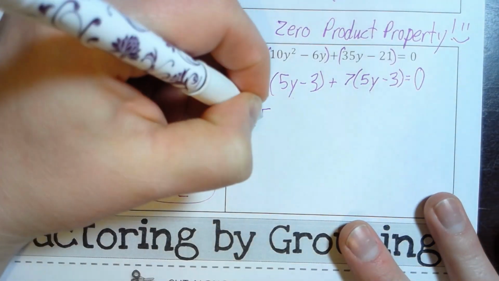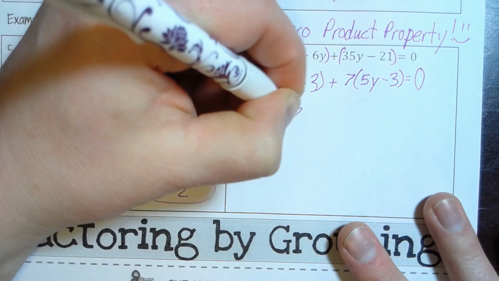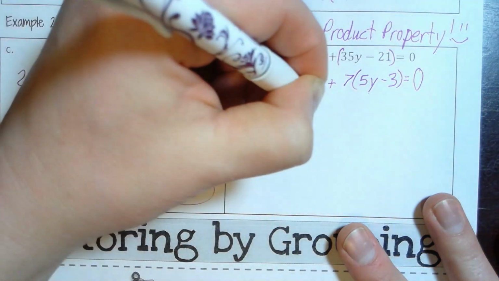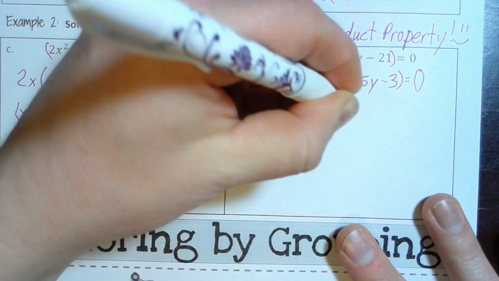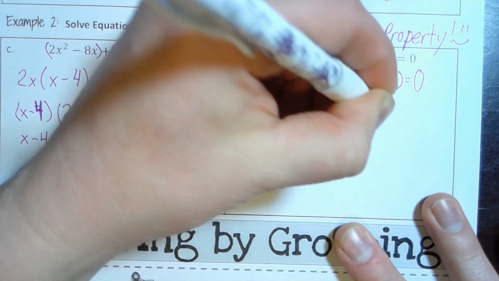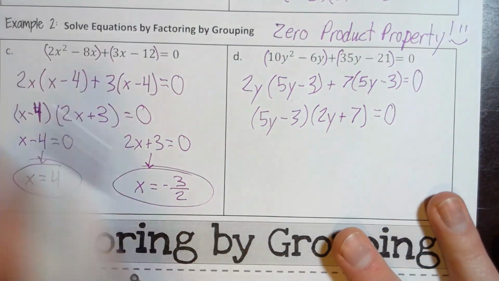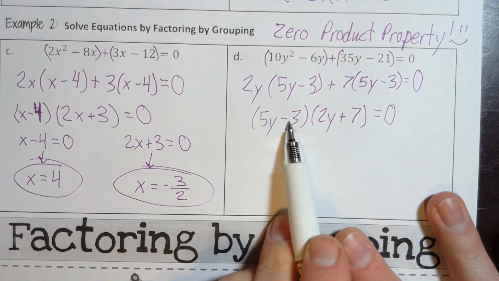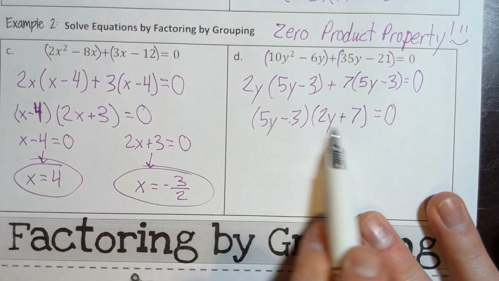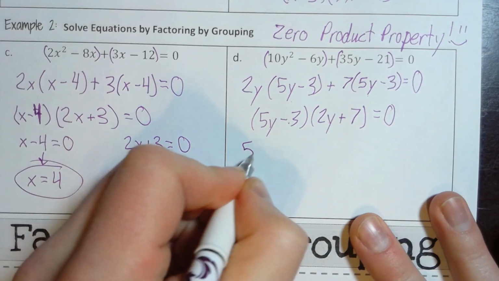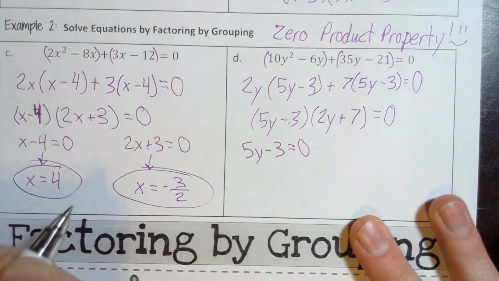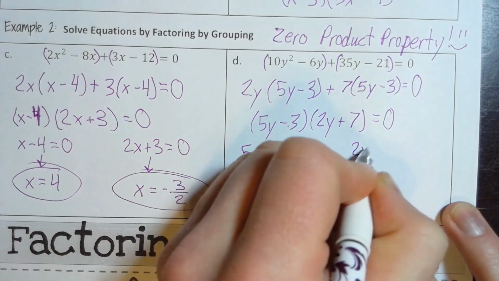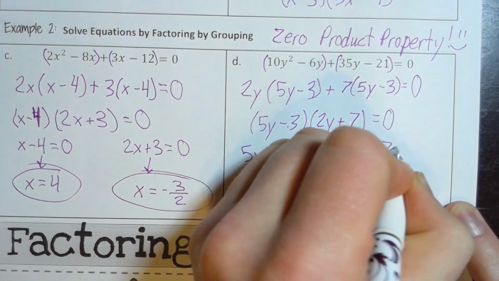And we're left with our a, in this case it is my 5y minus 3, and my b plus some c, and this still needs to equal 0. If this equals 0, then I found my solution, or if this equals 0, I found my solution. So let's say we're looking for what makes this equal 0, or what makes this equal 0.